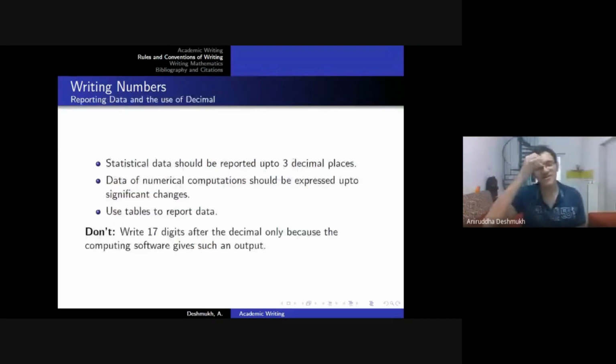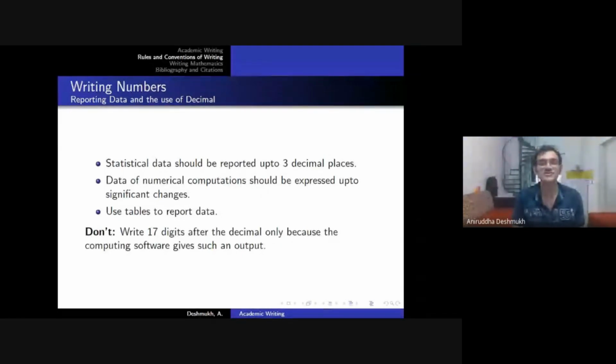Right. Now, most of us, because we are in an institute and we are more inclined towards numerical solutions of many things, usually have to report our findings. That is, we have to report our data.